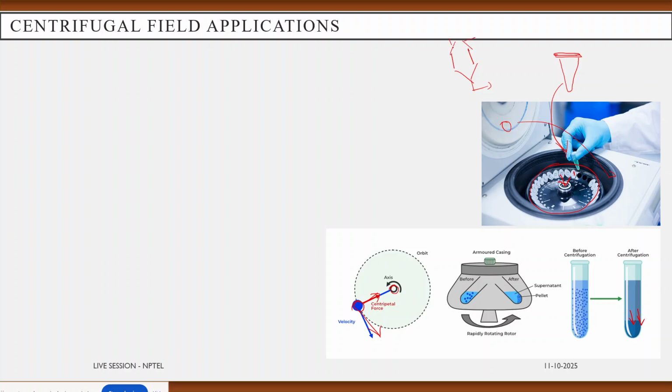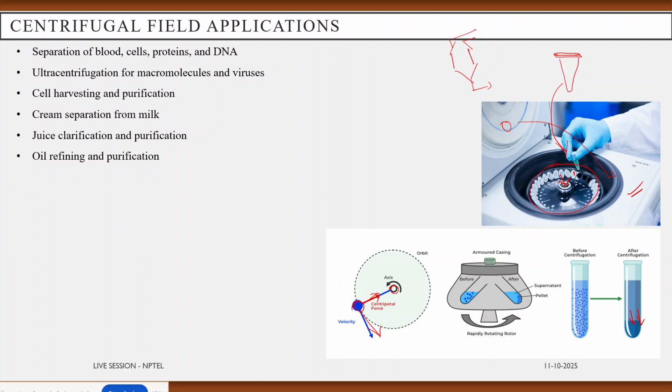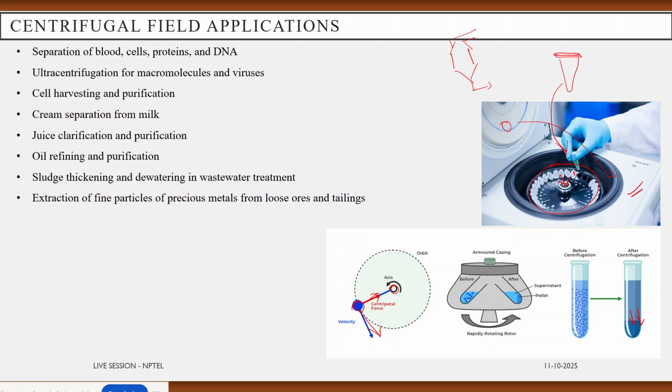hydrocyclones, where you can get many applications. Some of the applications I have pointed out are separation of blood cells, protein or DNA using centrifuge instruments; ultracentrifugation of macromolecules and viruses; cell harvesting or purification; cream separation from milk; juice clarification; oil refining and purification; sludge thickening and dewatering in wastewater treatment; extraction of fine particles of precious metals from loose ores and tails; removal of fine particles in spent fuel reprocessing; and also solid drying and crystallization.